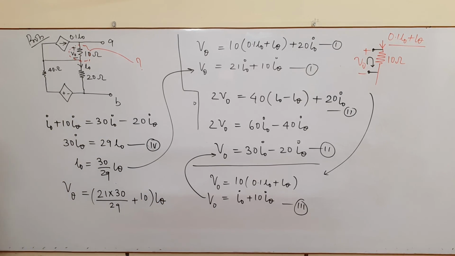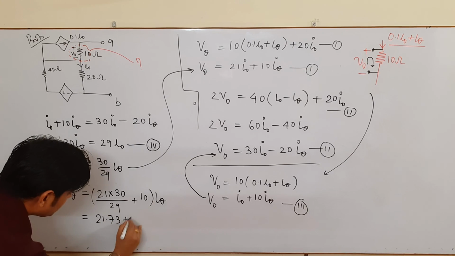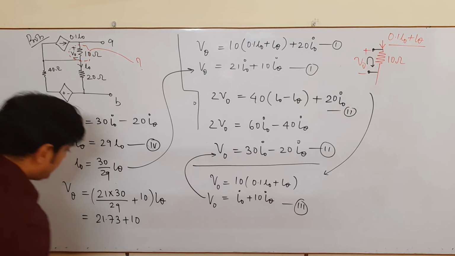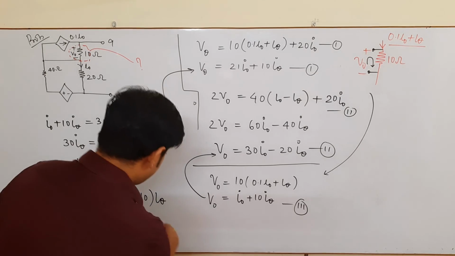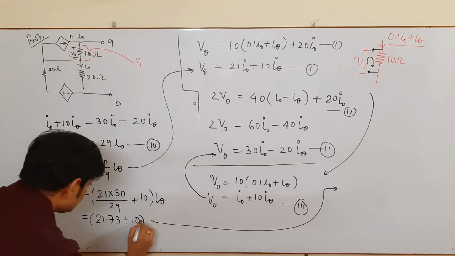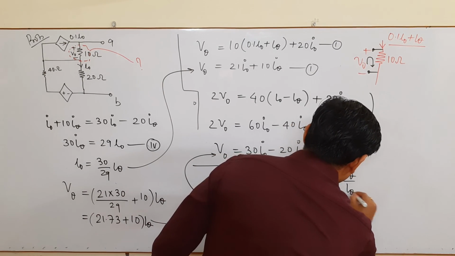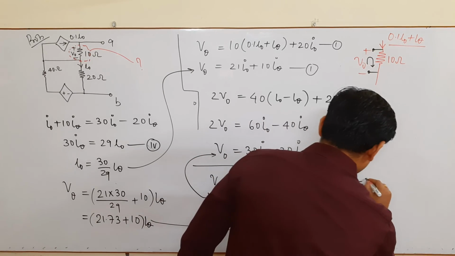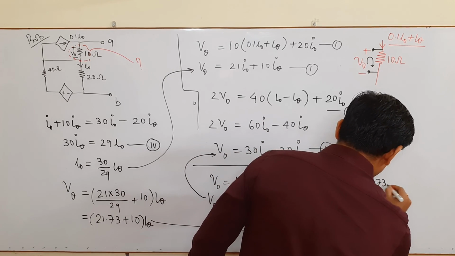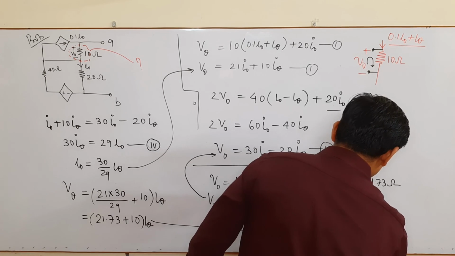Now just find it. So this comes to be 21.73 plus 10. So finally I can write here V theta by I theta comes to be 31.73 ohms, and that is your RTH.